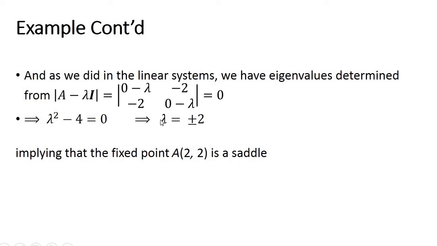Therefore our eigenvalues are plus or minus 2. Since one is positive and the other is negative, we have a saddle point, and all saddle points are unstable. So this is an unstable equilibrium point which has a special name, a saddle point.